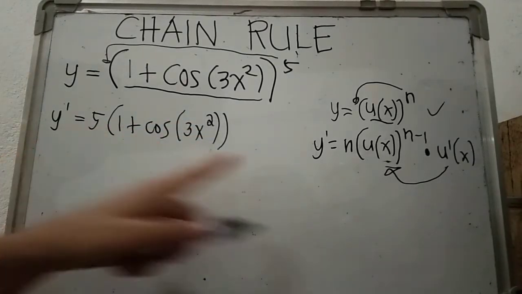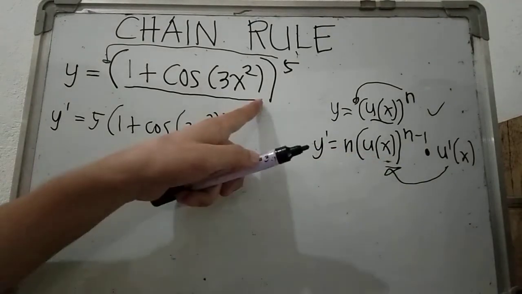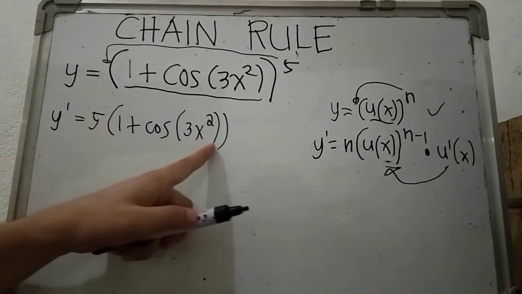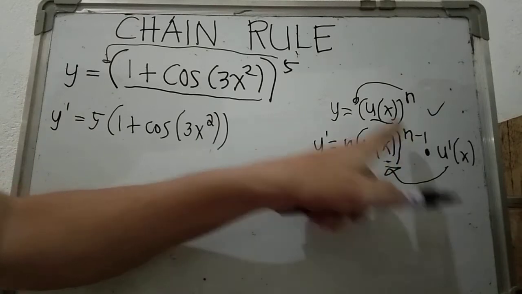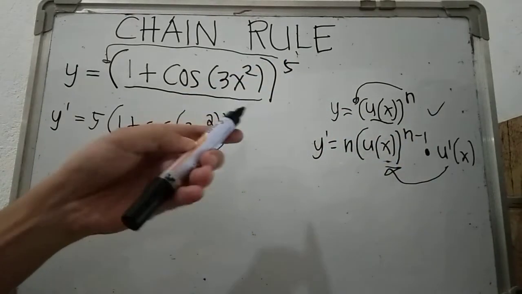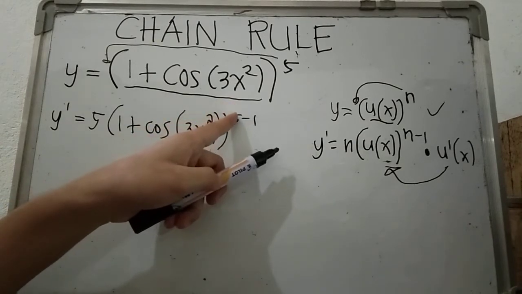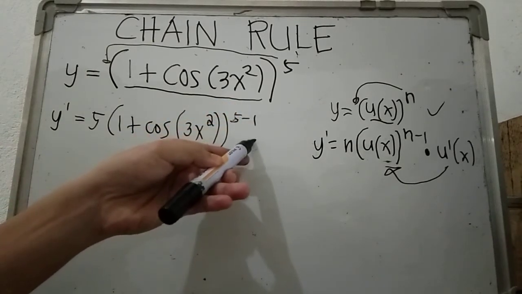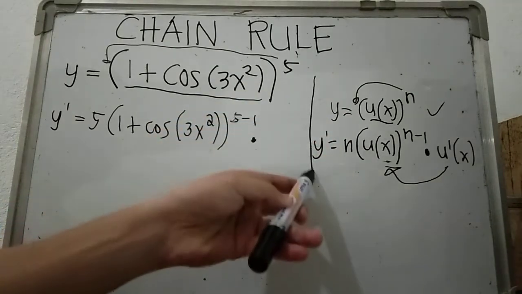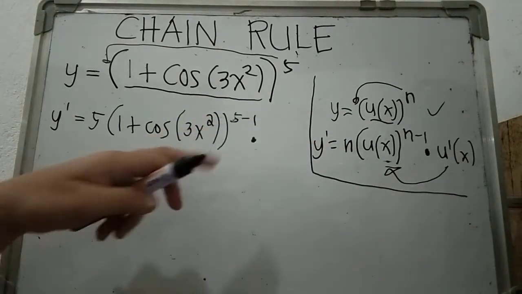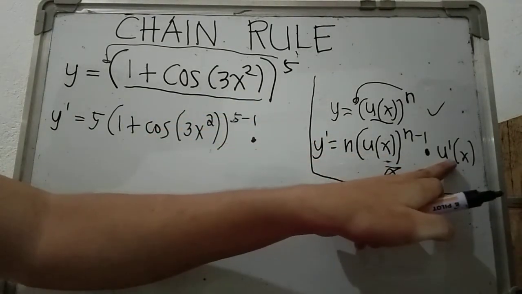Our u of x is the one inside the parentheses, and we copied that. And what is n minus 1? It means we are going to have 5 minus 1. And then multiply that with the derivative of our u of x.